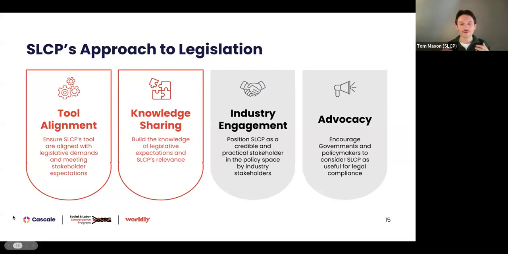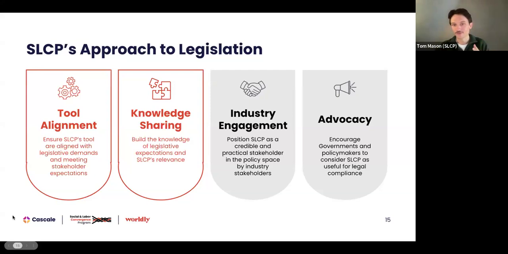When we're approaching legislation, think of it as a four-pronged approach. The first one, which is really the focus of today's discussion, is CAF tool alignment: making sure that the tool, the CAF, and the type of data we're capturing are aligned with legal demands and are meeting the needs of you as our stakeholders.